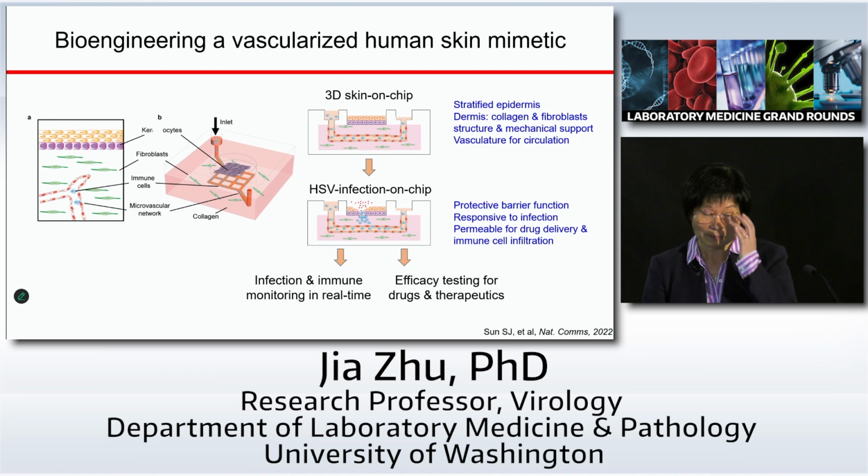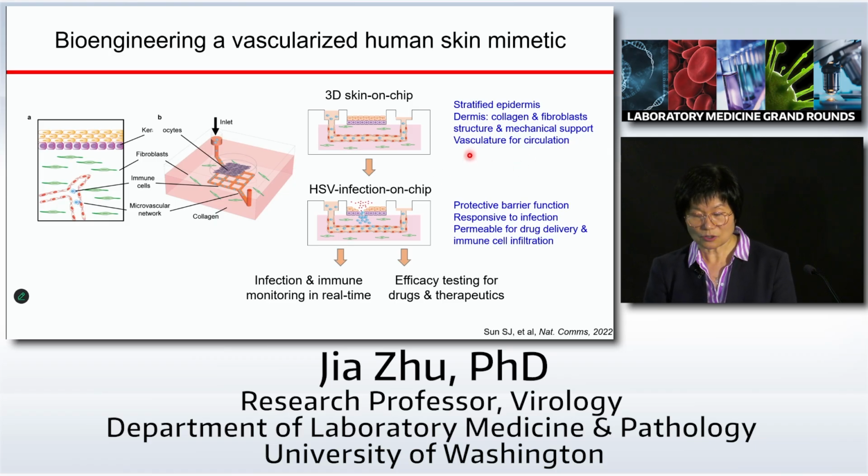To bioengineer a 3D human skin mimetic, we aim to recapitulate natural skin architecture and function. This includes a stratified epidermis on top, and in the dermis, collagen and fibroblasts for structure and mechanical support.